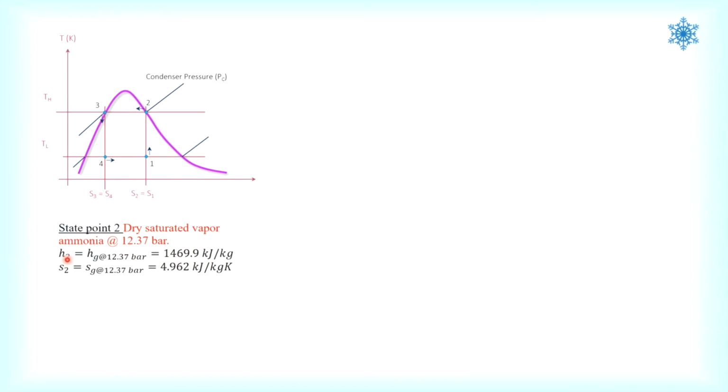For the time being, we are not making use of H2. And then S2 is the same, dry saturated, because it is sitting on the dry saturated vapor line here. So it equals Sg at this pressure, 12.37 bar. From the property table, you will find S2 is 4.962 kilojoules per kg.